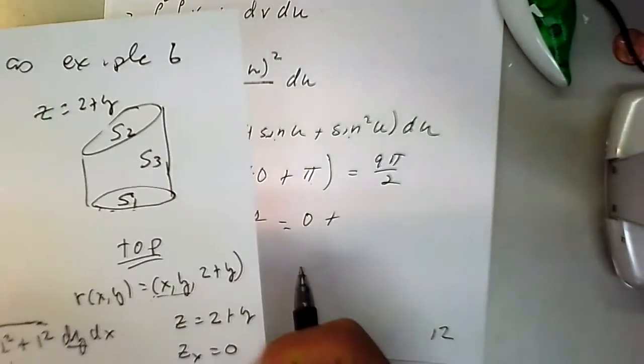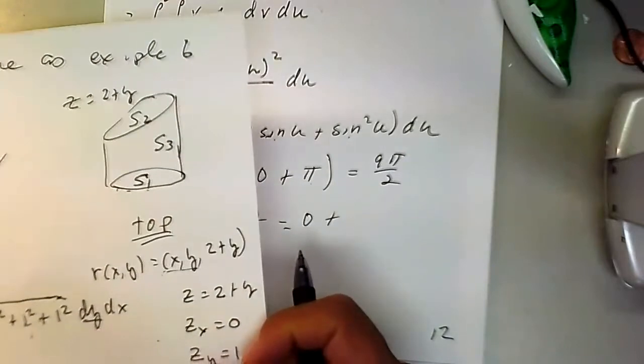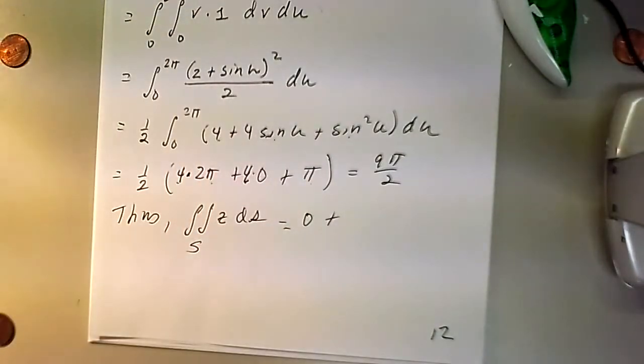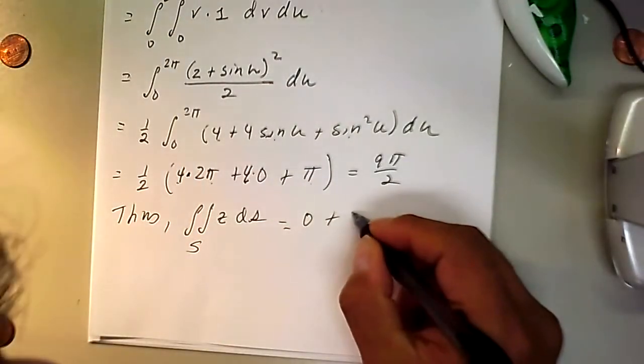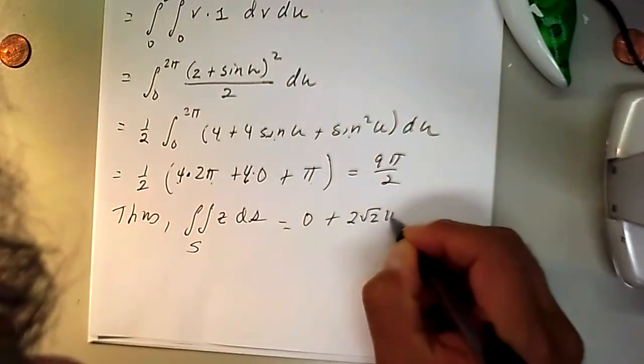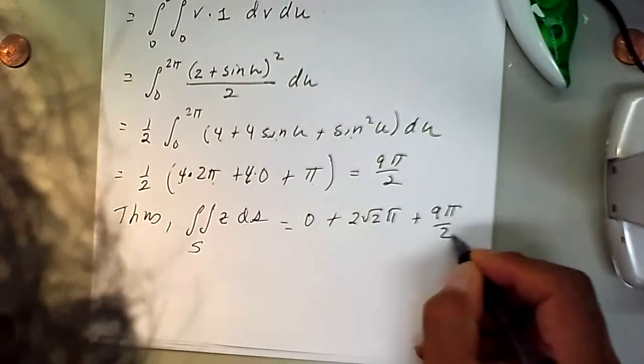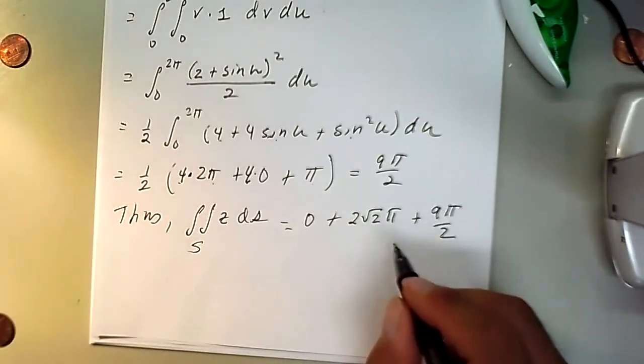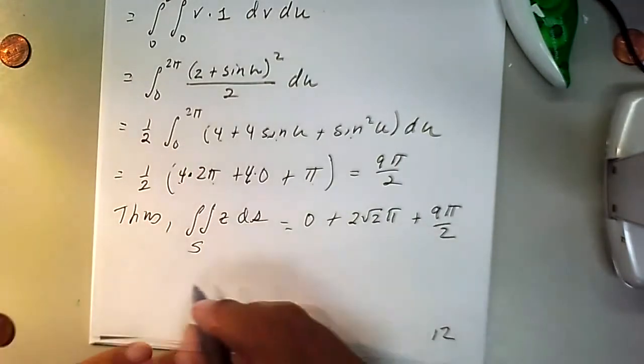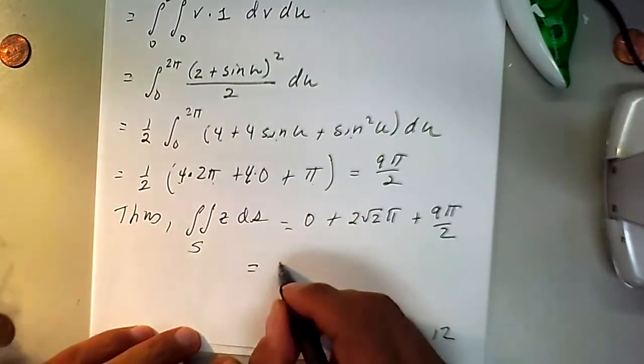The top is 2 pi root 2, or 2 root 2 pi, plus 9 pi over 2 for the side. So we can factor out the pi.